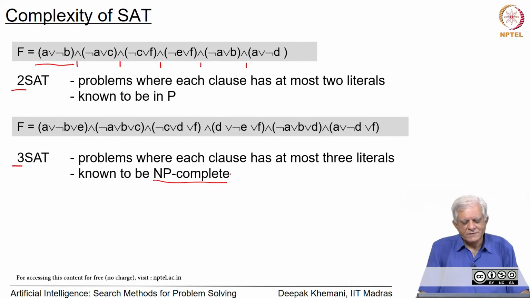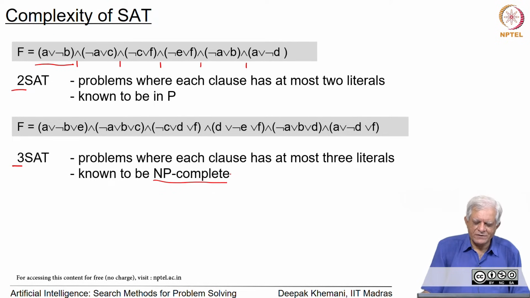So, we have spoken about the complexity of SAT, how it grows exponentially, and so if you are solving problems which are 3 SAT or more complex, then you very often cannot rely on deterministic methods.